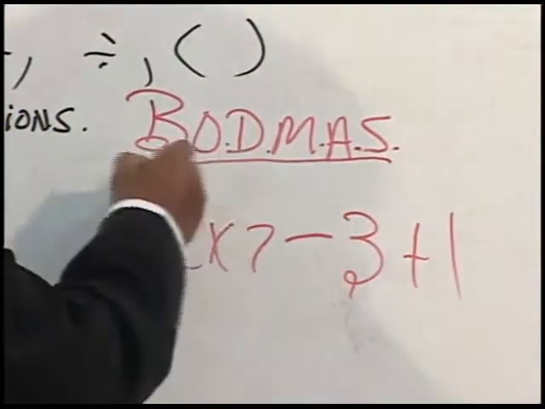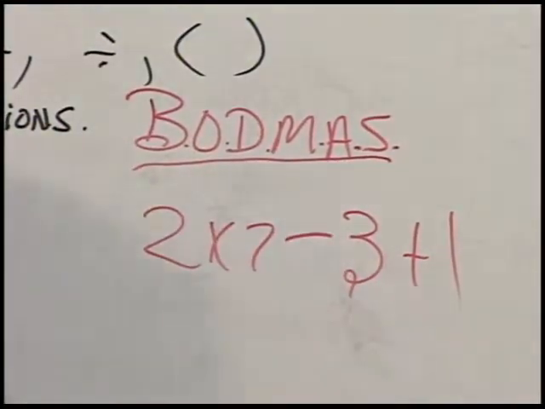No. BODMAS says we have a specific sequence in which the operations are carried out. Do we have a bracket in that operation? No. Do we see the word of? No. Do we have division? No.